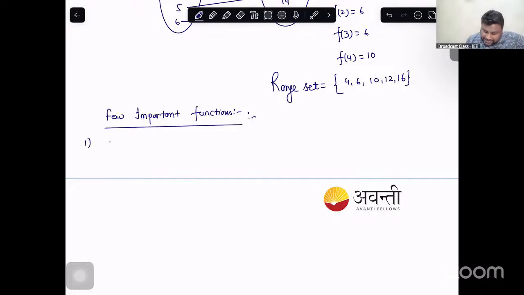First is the identity function. Like there was an identity relation, now there is an identity function.